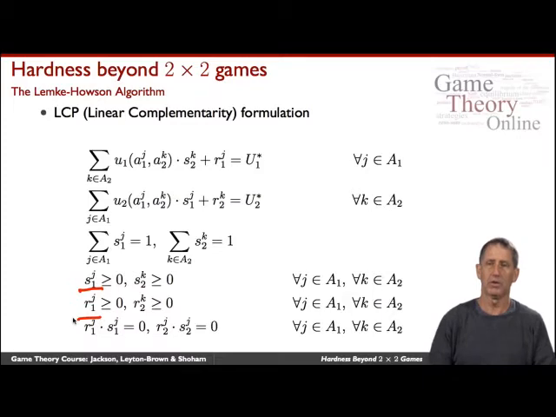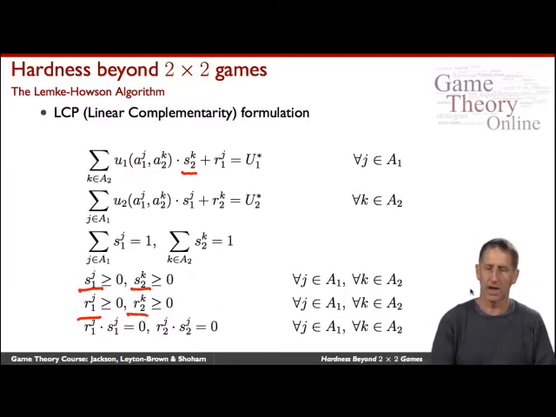The S's will capture the mixed strategy used by the two players, player 1 and player 2. S2K, for example, would be the weight or the probability with which player 2 plays action K in his mixed strategy. So the S1s and the S2s capture the mixed strategy of the two players, player 1 and player 2.